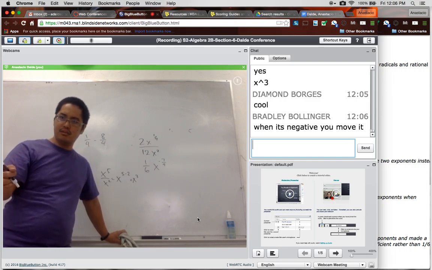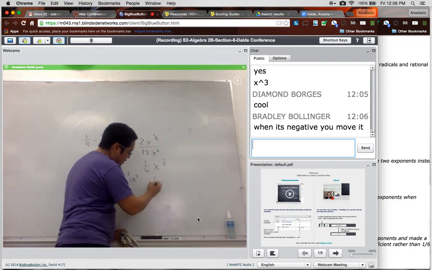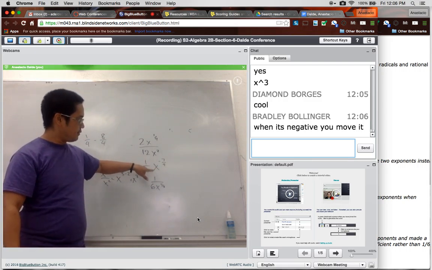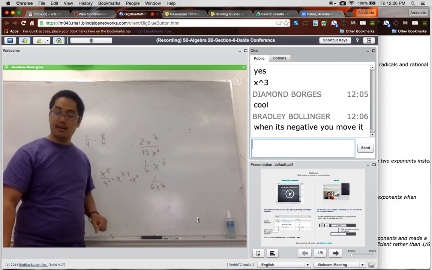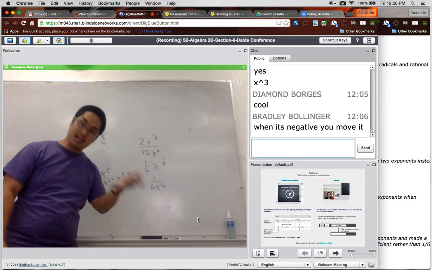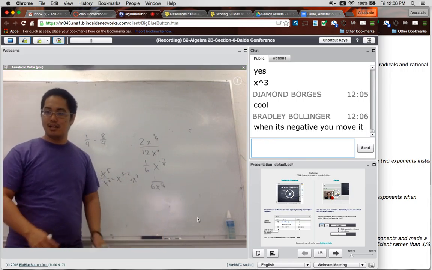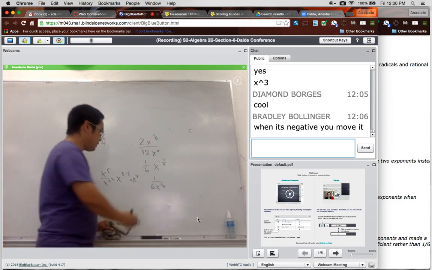So this thing was actually 1 over 6 x to the 7/4, because this x was in the numerator over here. So I moved it into the denominator, and I made the exponent positive to take into account the fact that I moved it. I think that's option A, isn't it? Or no, option B. There we go. Option B.